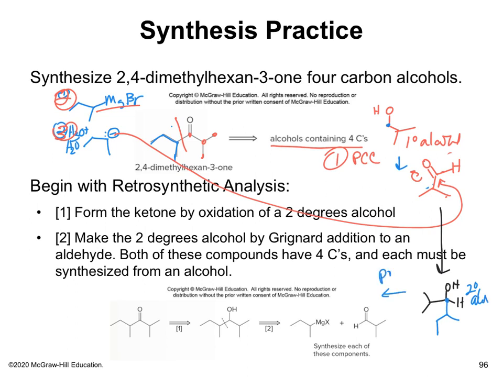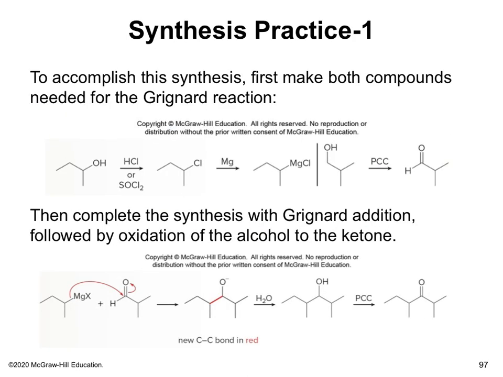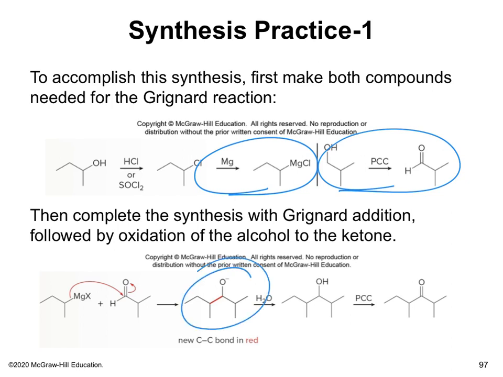You can oxidize it with PCC again. Or you could do an SN2 reaction. Oh, they're showing you how to make the Grignard. I'm okay with you just making the Grignard. PCC is oxidizing it to the aldehyde, but then you're going to have to do another oxidation to make it back to a ketone.